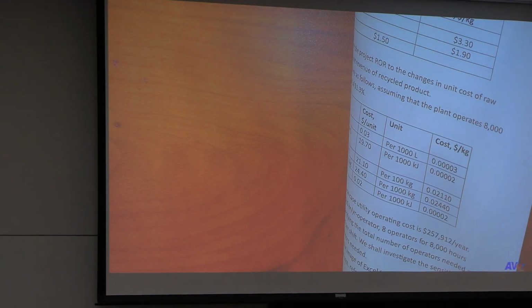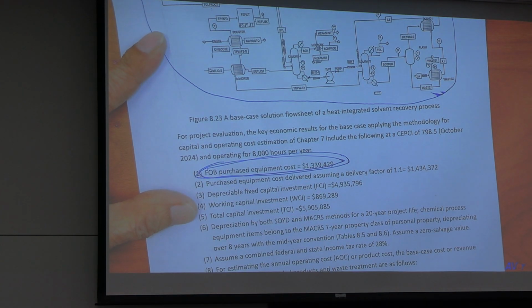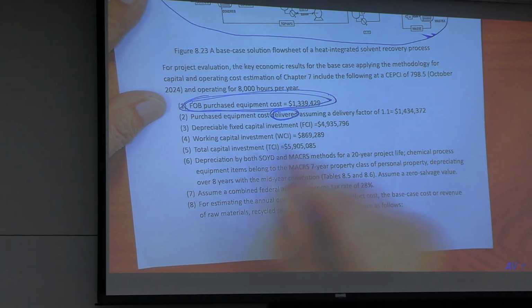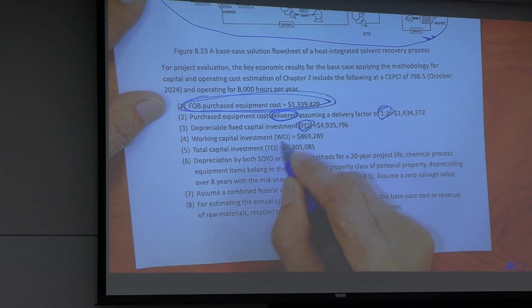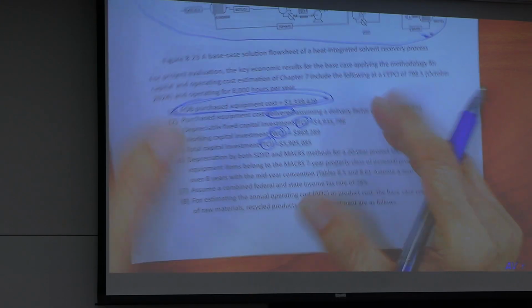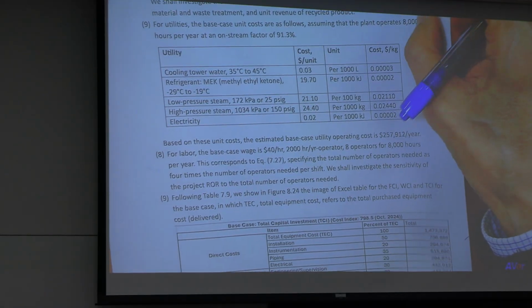Okay, let's look at total purchase equipment cost. Delivery costs, multiplied by 1.1. FCI, WCI, TCI. Now, look at page 60.